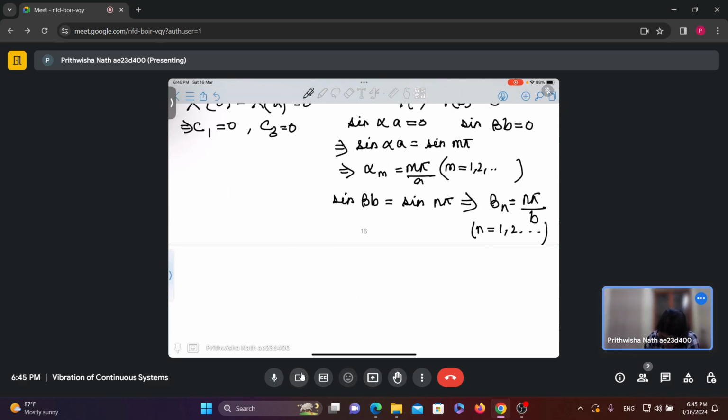Therefore, I can write omega mn square equals c square pi square times (m square by a square plus n square by b square). So how can I write the displacement solution?